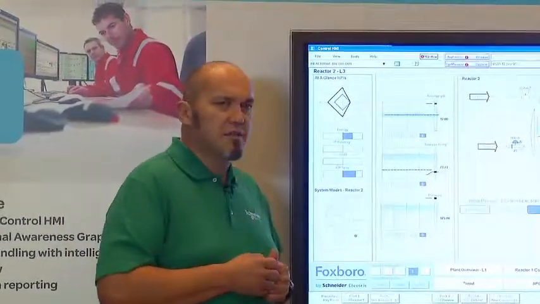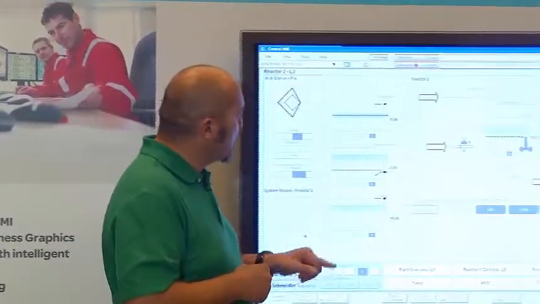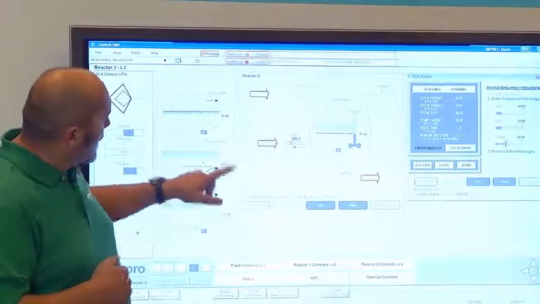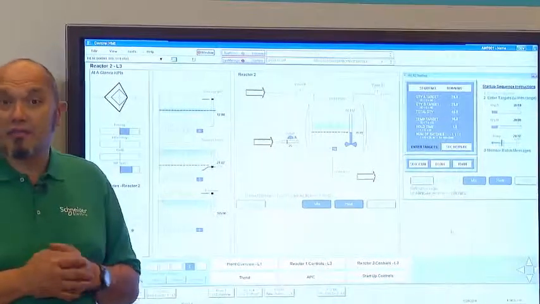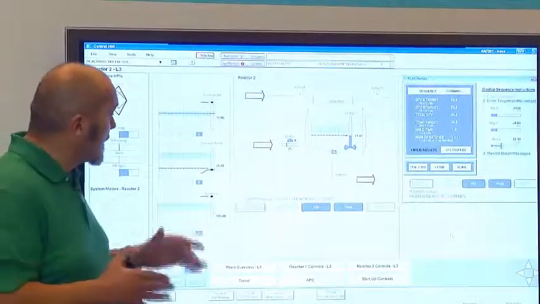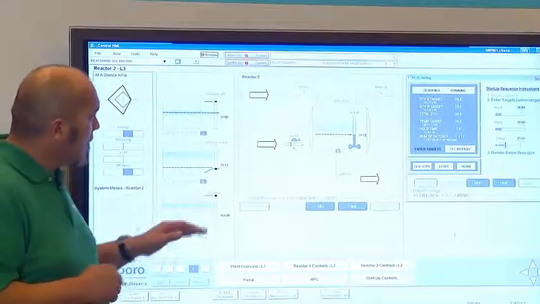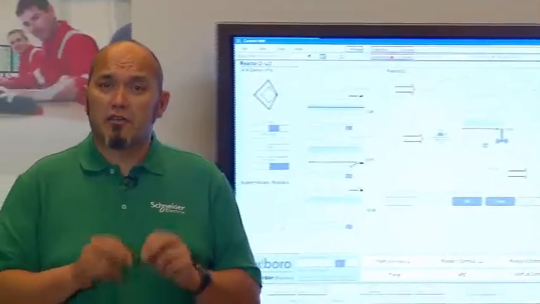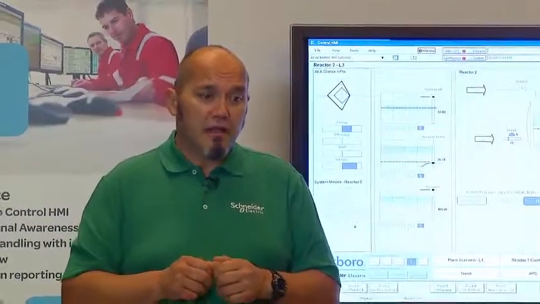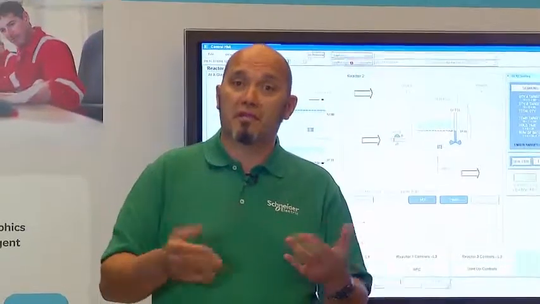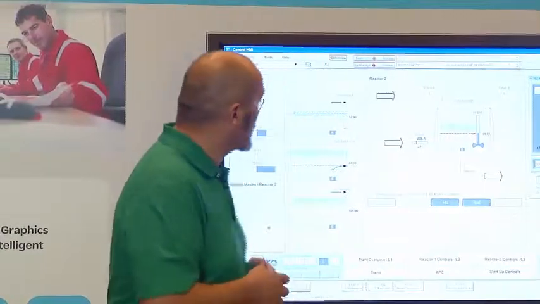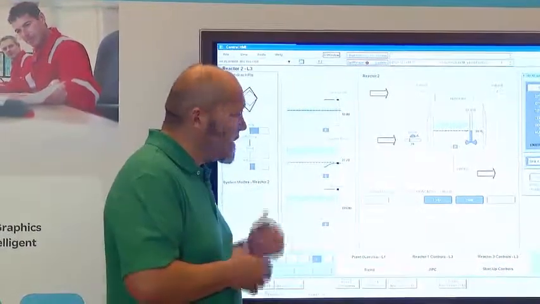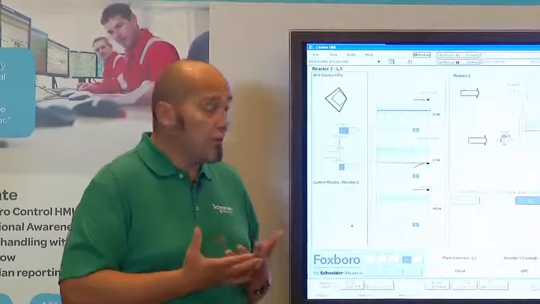So one other concept we're delivering with our HMI experience is to give him visual cues of the procedure he's required to follow to start up and shut down the plant. These visual cues help an operator accomplish these operations, whether he's on the morning shift or another group of operators is on the night shift. They're able to operate the plant consistently because we've provided them this visual cue.